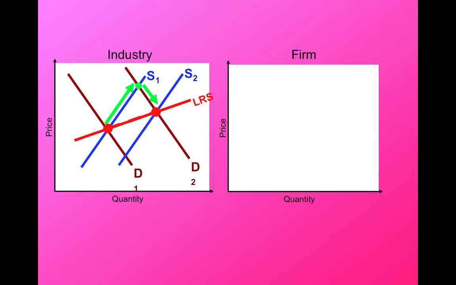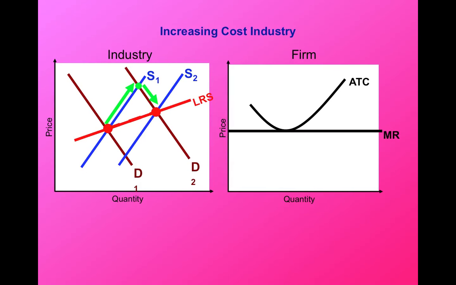Again, we've got the market to the left and the firm to the right here. So originally, before the demand shock, the marginal revenue was here, the average total cost was here. Then more supply came into the industry, and when those additional firms started buying up, let's imagine, wood to make more houses, well, they forced the cost of wood up.